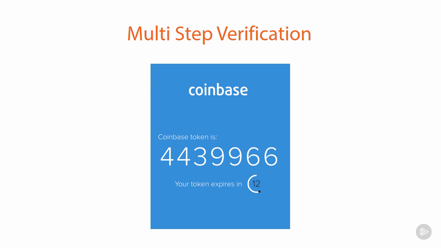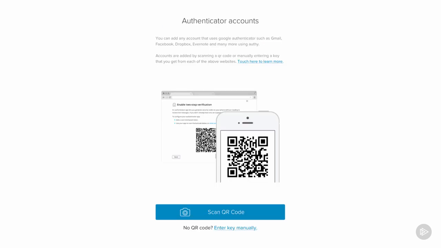Now, implementing multi-step verification can be very easy these days, for example by using Authy. This is what the Authy app looks like when you set up a new application, and it's simply a matter of pointing your smartphone at a QR code on the screen, which sets it up uniquely for your account. As a technology professional implementing this technology, it can be a very simple exercise.